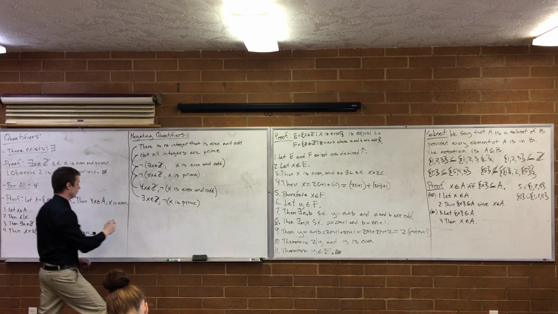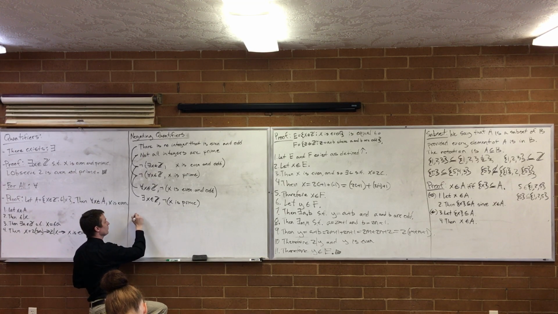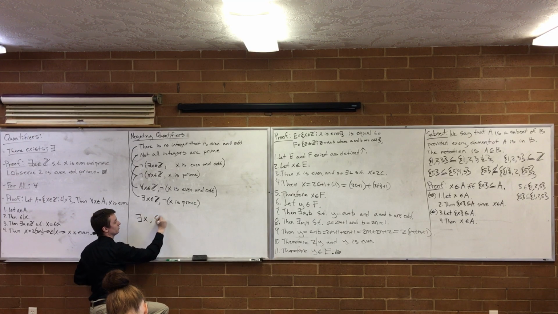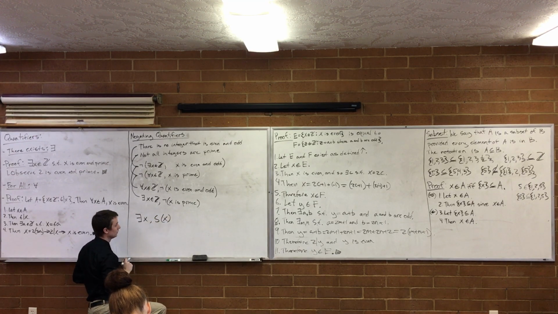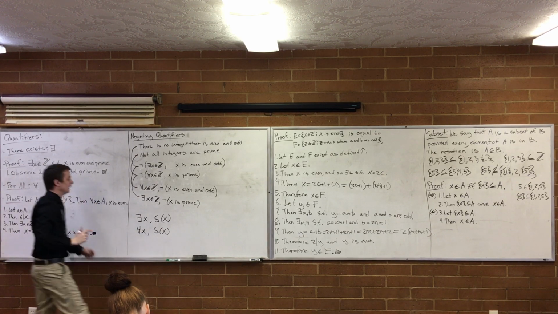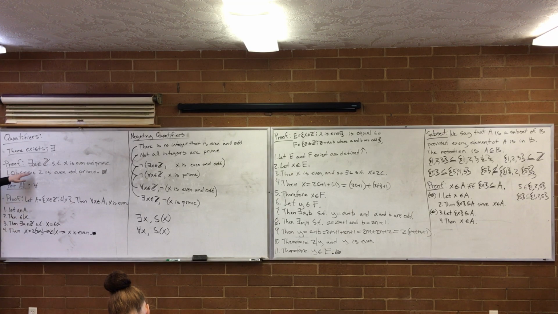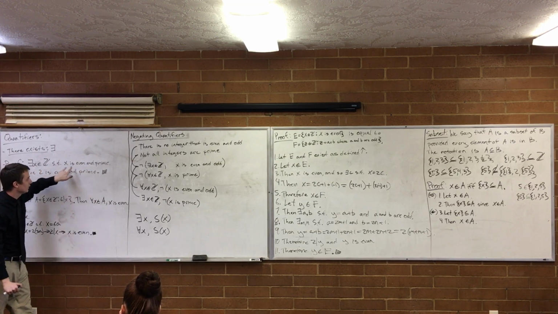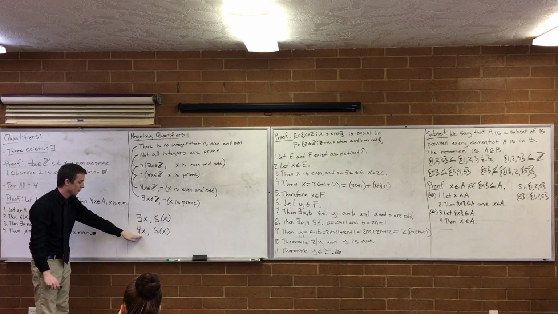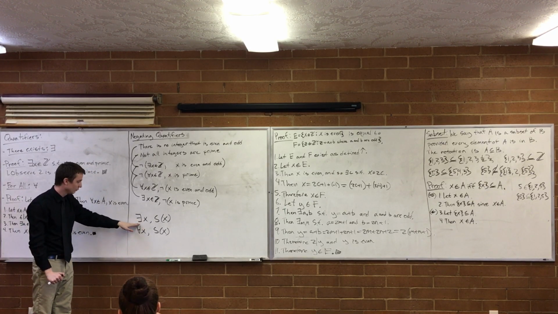So the way you have these in general is, I say there exists x, some statement about x, and for all x, some statement about x. So that's when you see the quantifiers in general. Here we say there exists an x, some statement about x, x is even or prime. So here's how you see it come up in context, these symbols in general.